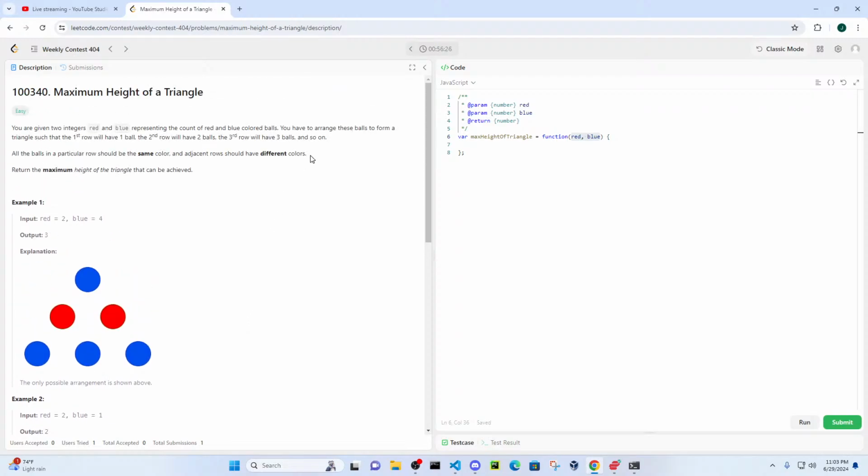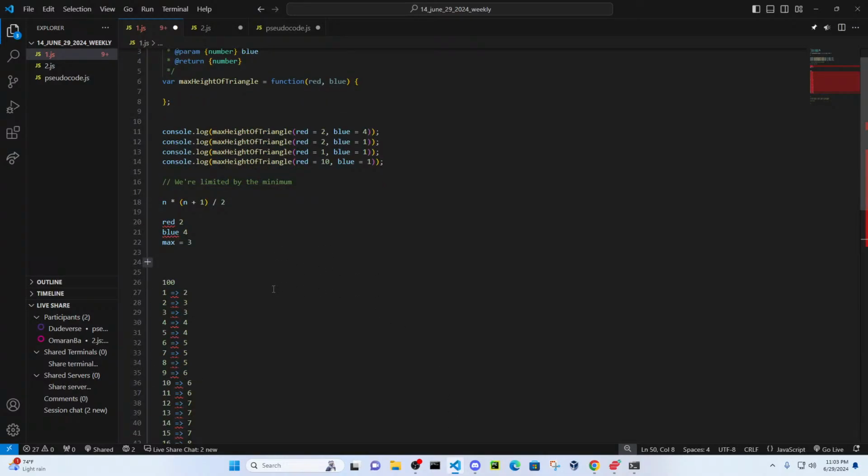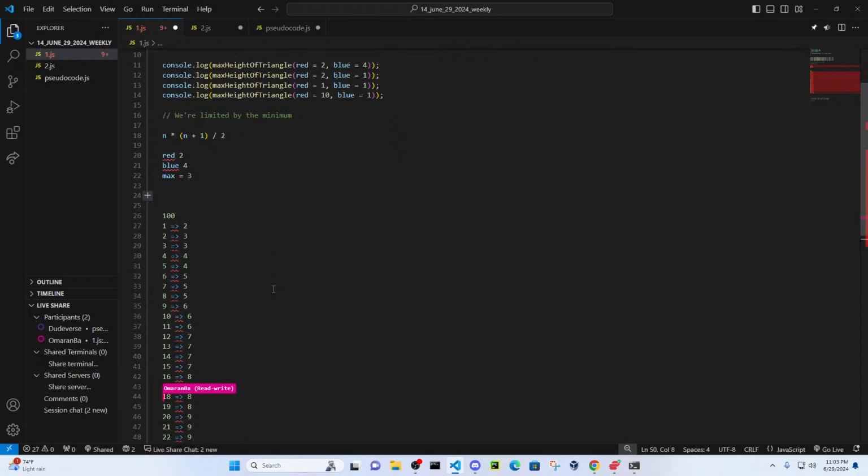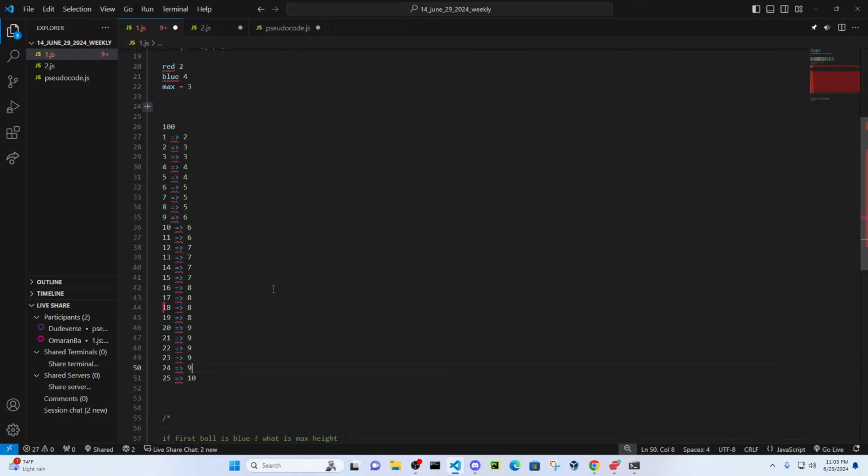I thought about using logarithm, but logarithm wouldn't work. Like Math.log, because logarithm will just tell you how many times a thing can be divided by 2, I believe. Say Math.log2 of, let's say that you give me 5 rows, you can divide it by like 3 times.